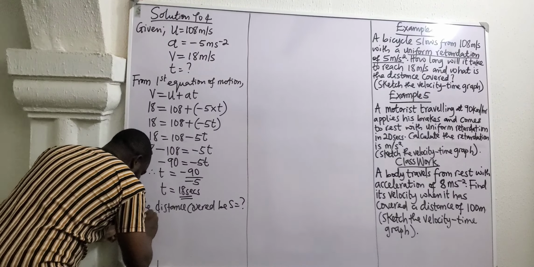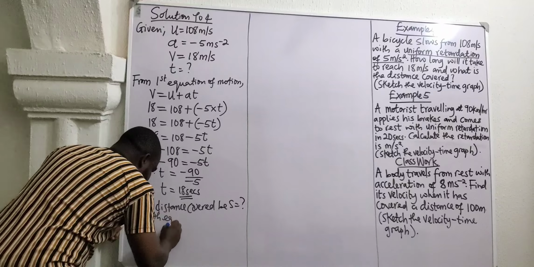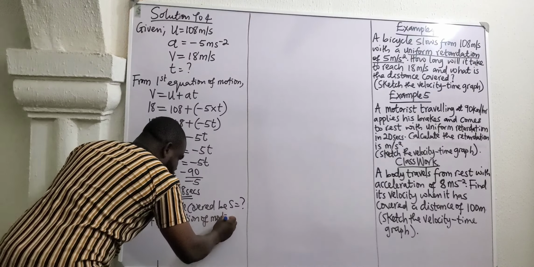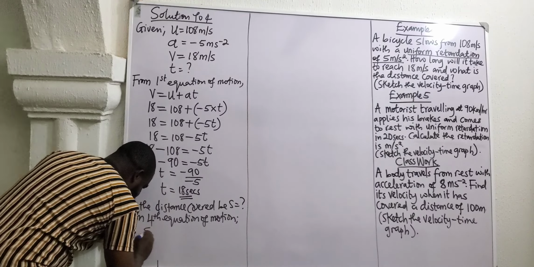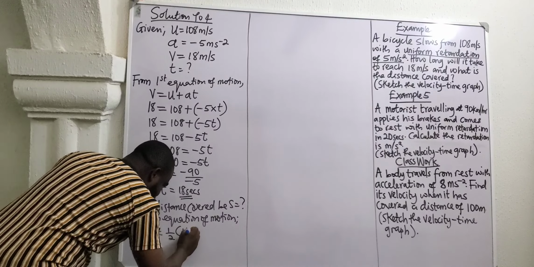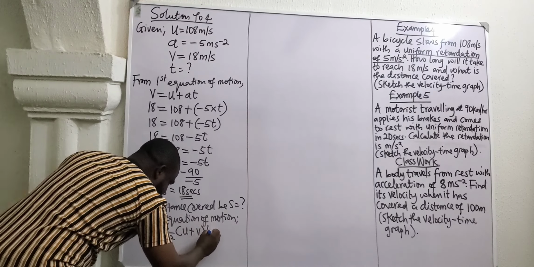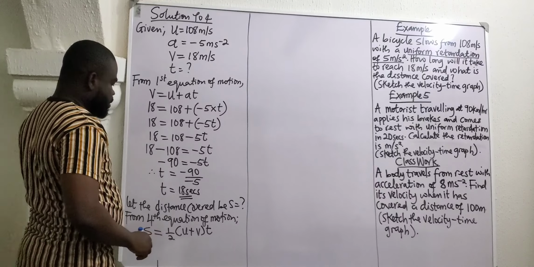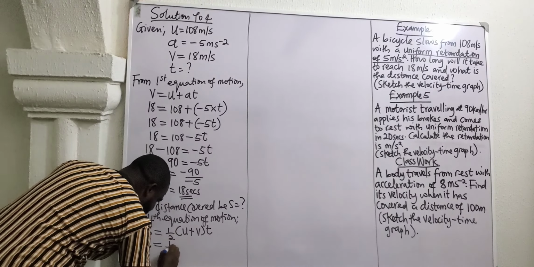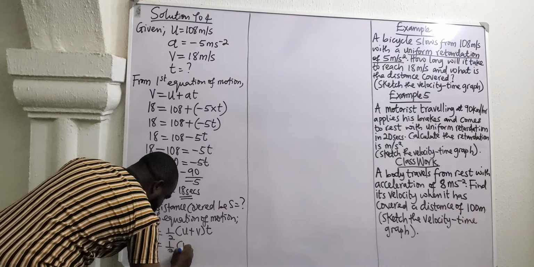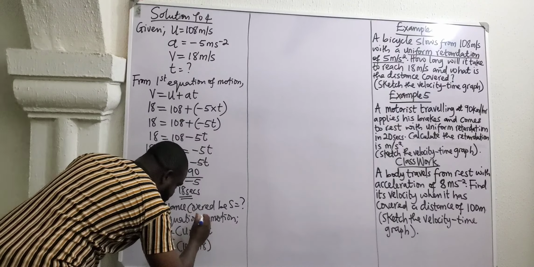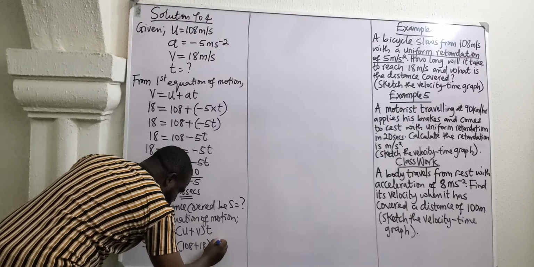From the fourth equation of motion, we have s is equal to half, open bracket, u plus v, close bracket, times t. If we substitute our values, we have s equals half, bracket open, 108 plus 18, close the bracket, times t that we have calculated, 18.